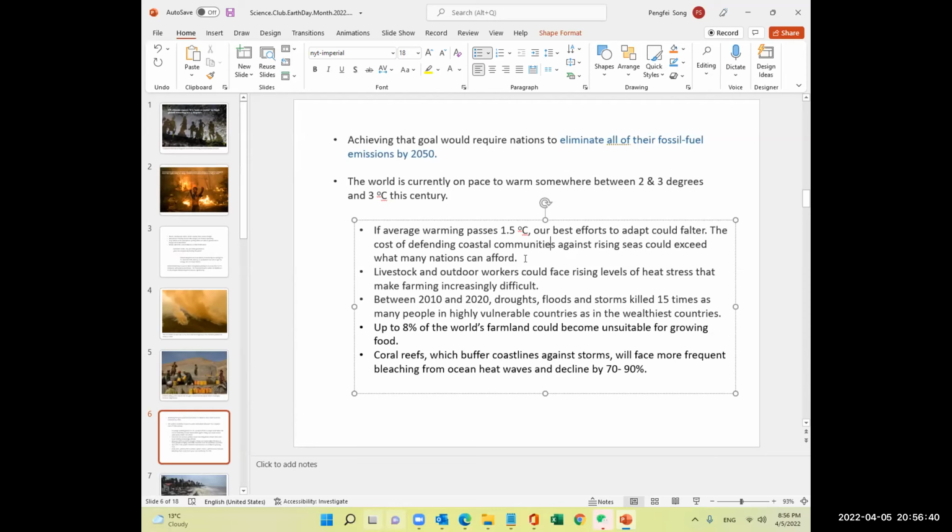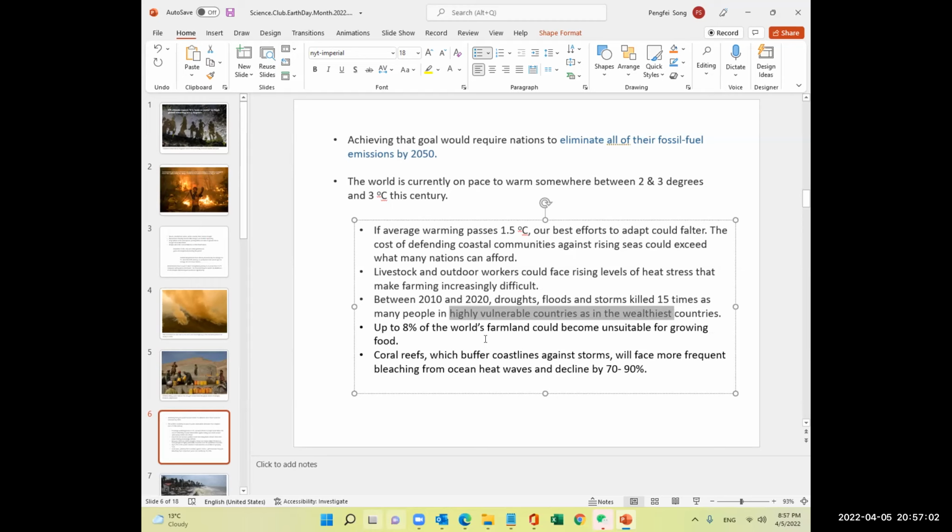What else? Here are some numbers. Between 2010 and 2020, droughts, floods, and storms killed 15 times more people in poorer countries than in rich countries. We see this in the news, then we forget about it because we don't directly feel the consequence.